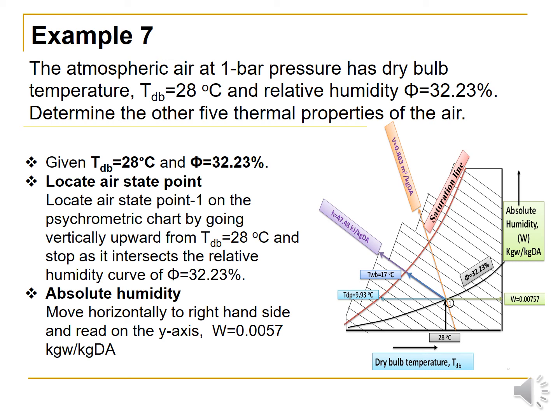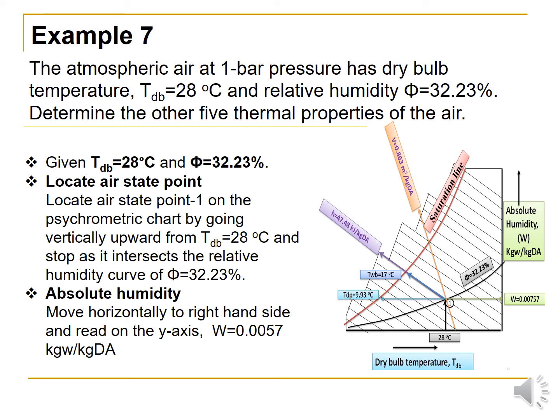Locate air state point 1 on the psychrometric chart by going vertically upward from dry bulb temperature 28 degrees Celsius and stop as it intersects the relative humidity curve of 32.23%.